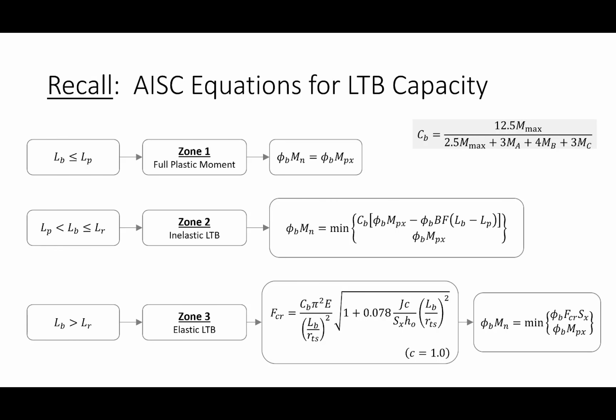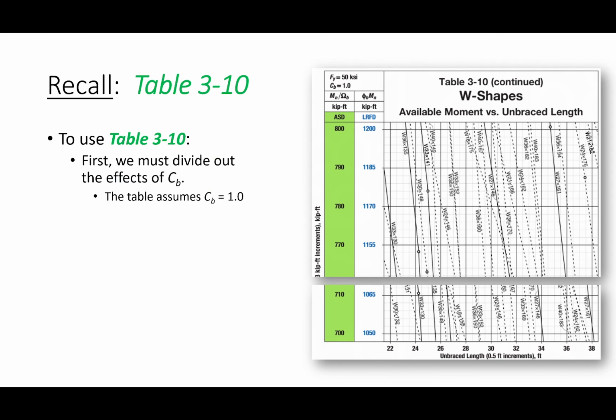Zone 2 is basically linear interpolation, where that BF term is the slope of the line between phi MP and phi MR. And then zone 3 is this. Is it difficult? No. Is it a long calculation? Yeah, I can't really get around that. It just is what it is. Okay. Sound good? All right.